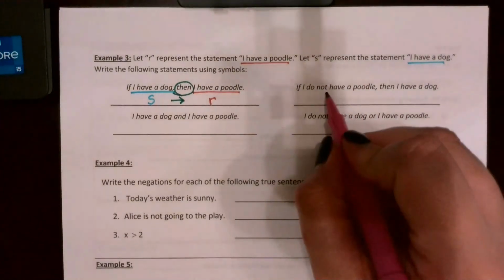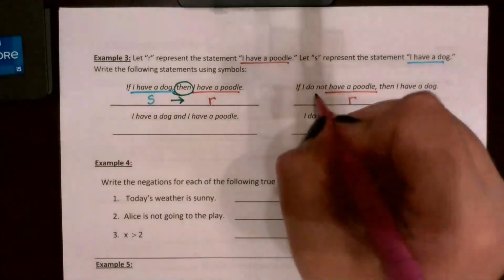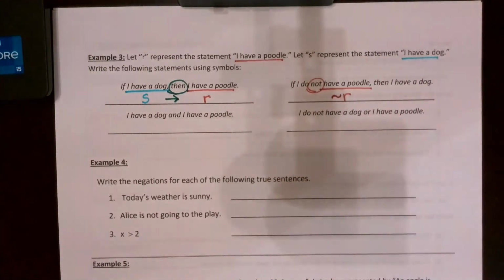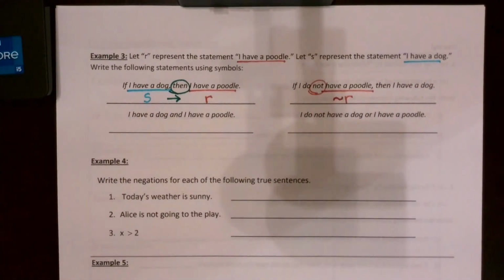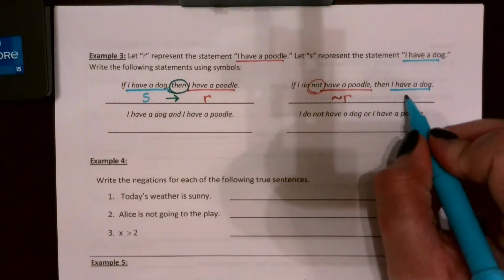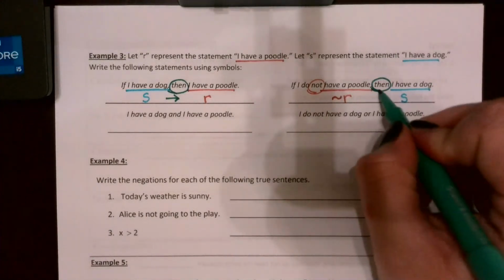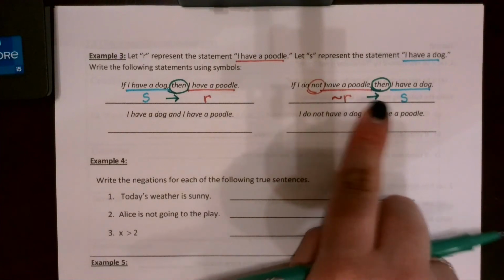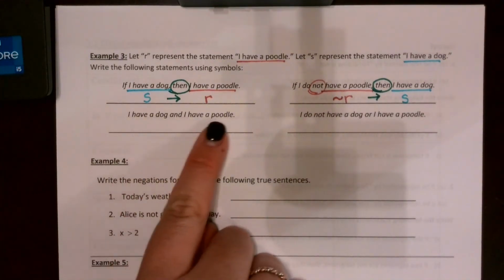Having a poodle is my R statement, so not having a poodle is the opposite meaning of my R statement, or my squiggle R. Not R. Then I have a dog. This is my S statement, and we see the word then, which is our implies, our arrow, so not R implies S.